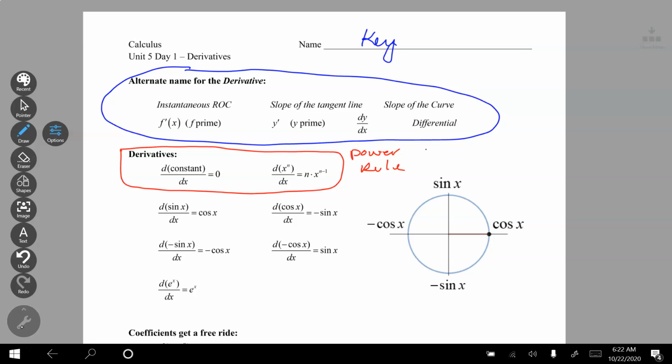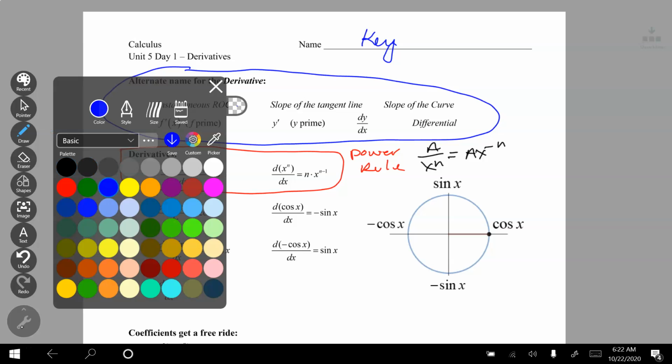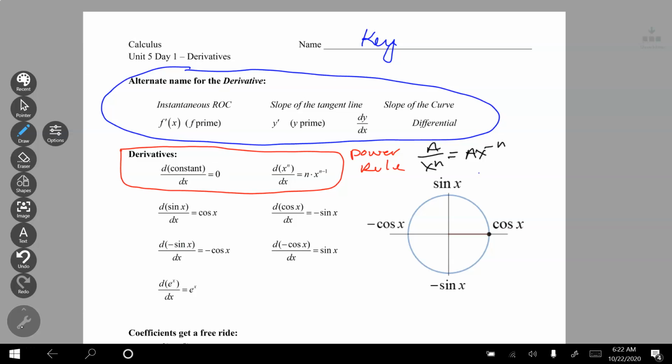You better know that a over x to the n is equal to ax to the negative n, and that a times the nth root of x to the m is equal to a times x to the m over n power over root. You do have to rewrite things.